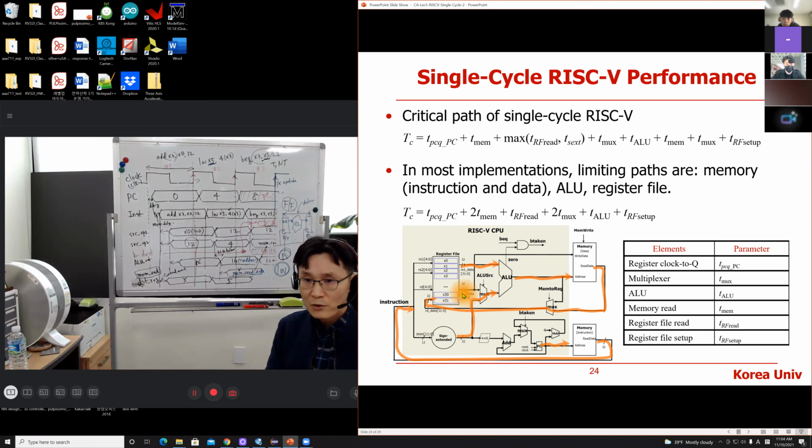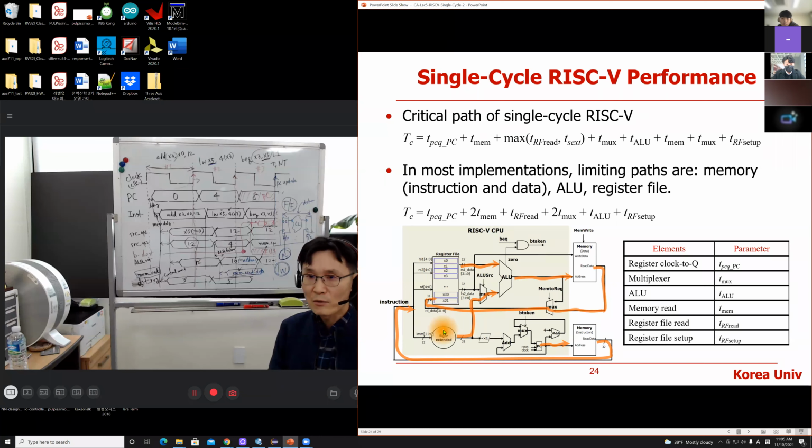So you have to compare register file access and sign extension logic, including the multiplexer.